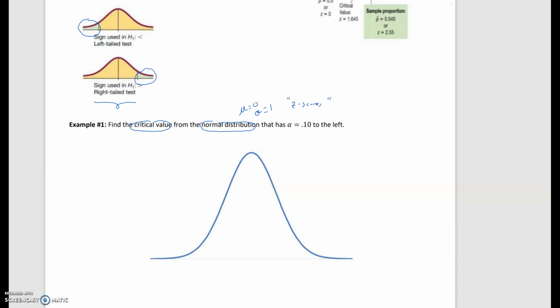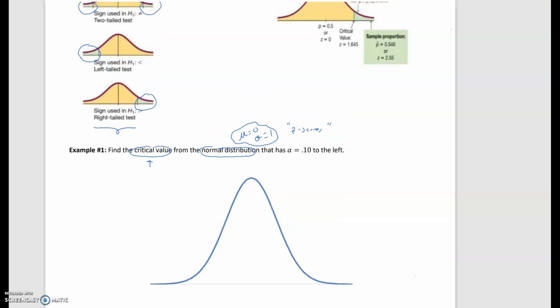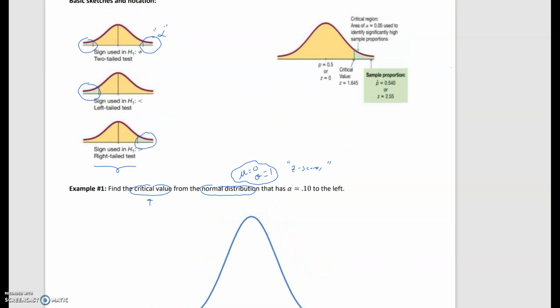If those values are not stated, meaning if these are not changed, then you would assume they're 0 and 1, standard normal, and that's because they're giving us critical values. So we're looking at the standard normal distribution. And in this scenario, this specific critical value has area of 0.10 to the left. So we're looking at this type of scenario.